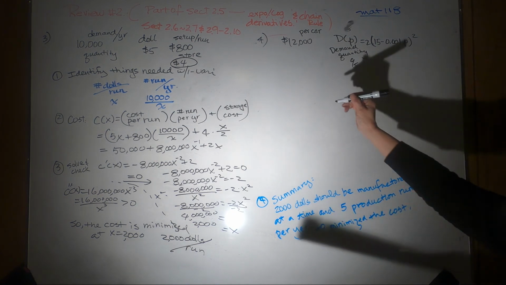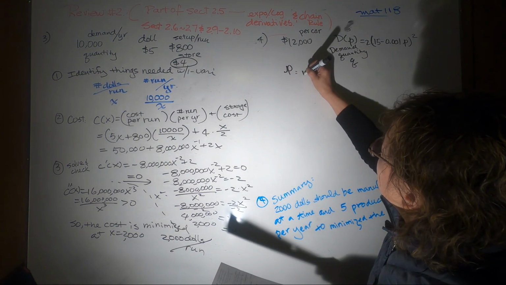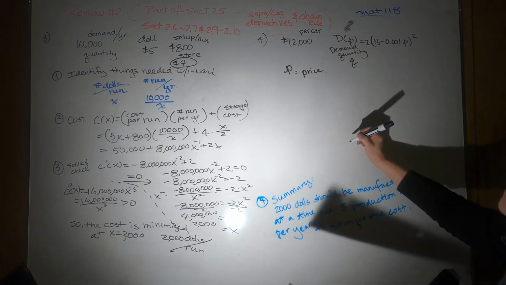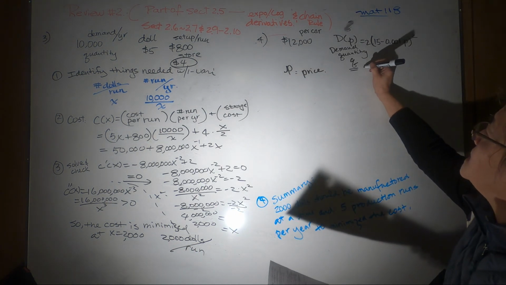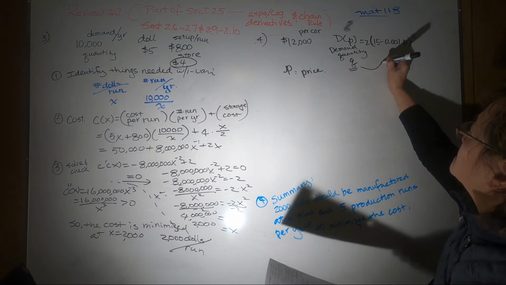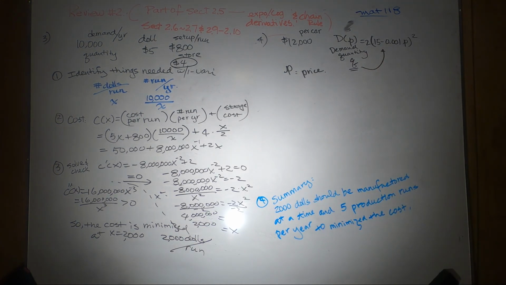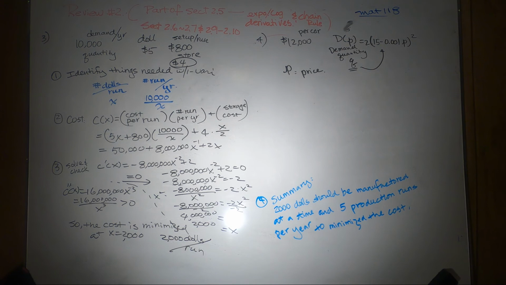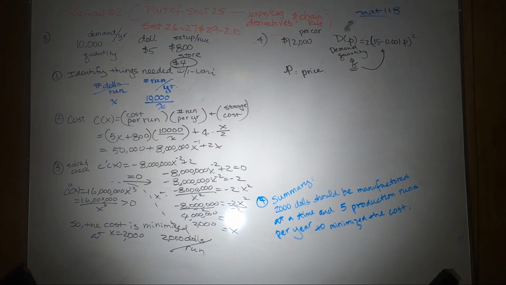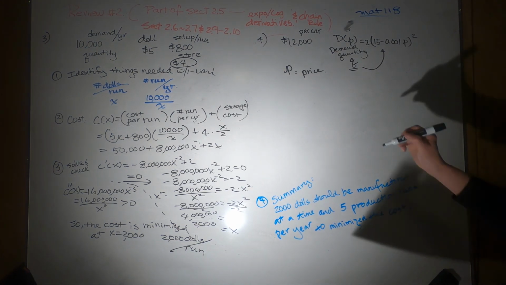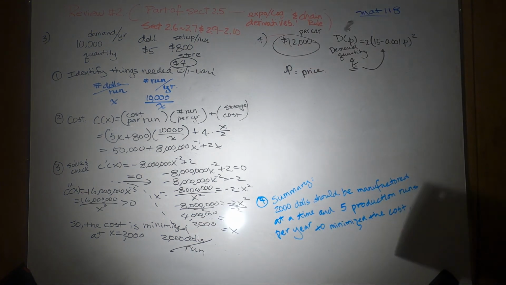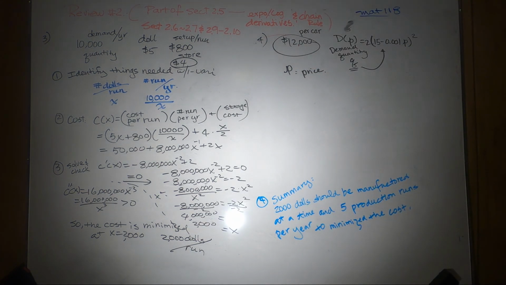P is the price, right? Q is your quantity, which is this guy, according to the price. It says, where P is the price of the car. Should the dealer raise or lower the price to increase revenue? So his original price setup is $1,200.